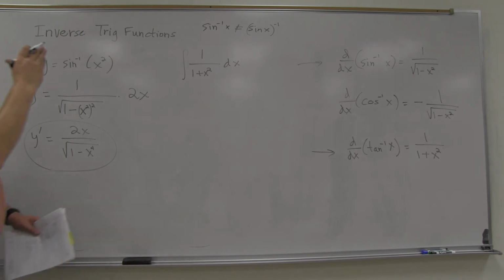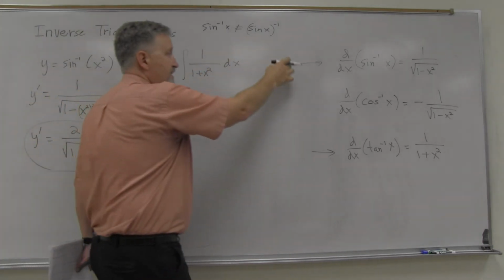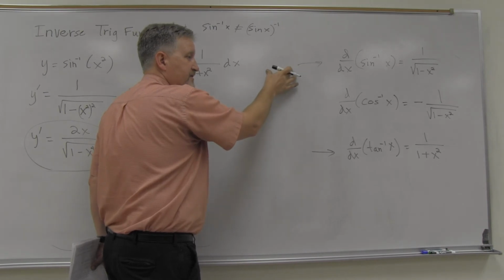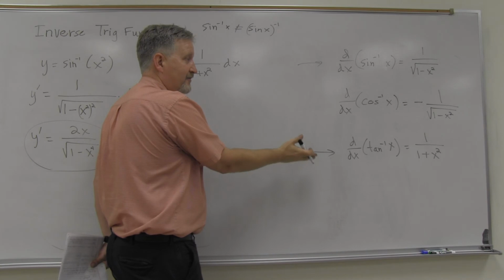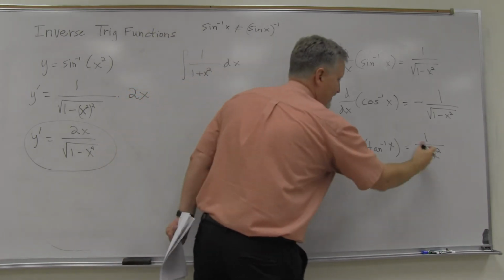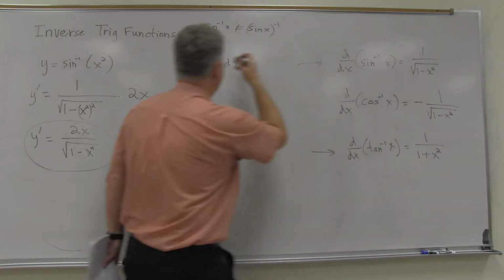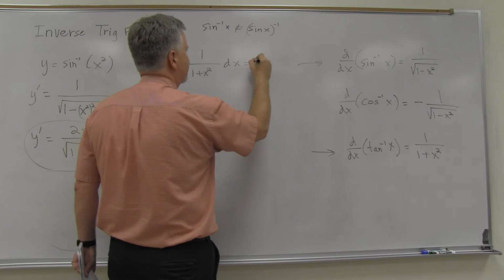I want the antiderivative of this, where the derivative of it is that. Do I have anything whose derivative is that? Tan inverse, yeah. The derivative of tan inverse is that, so the antiderivative of 1 over 1 plus x squared is tangent inverse.